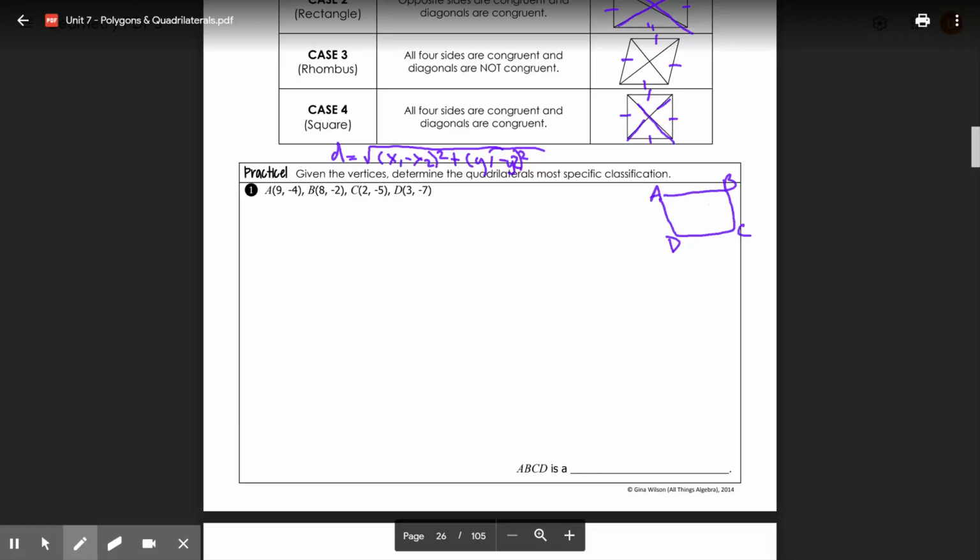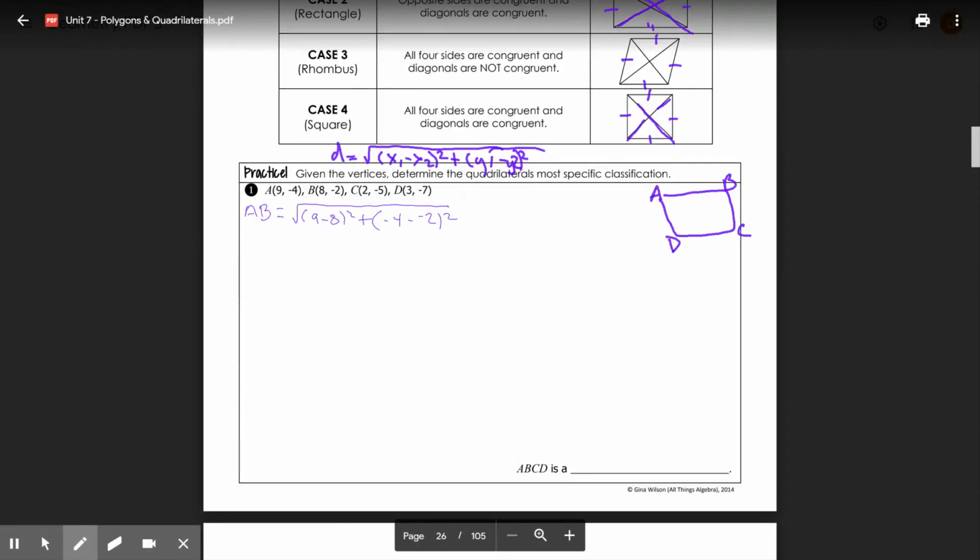So we need to figure out the distance of AB. That is going to be the square root of 9 minus 8 squared plus -4 minus -2 squared.